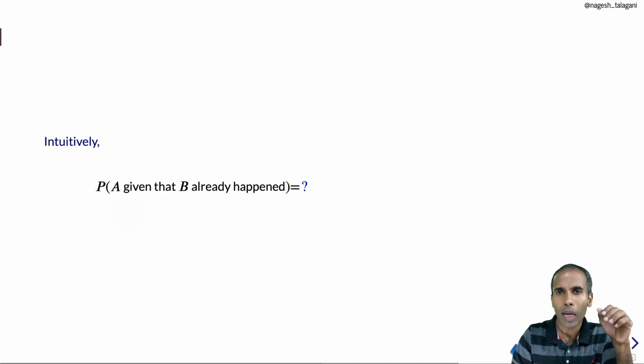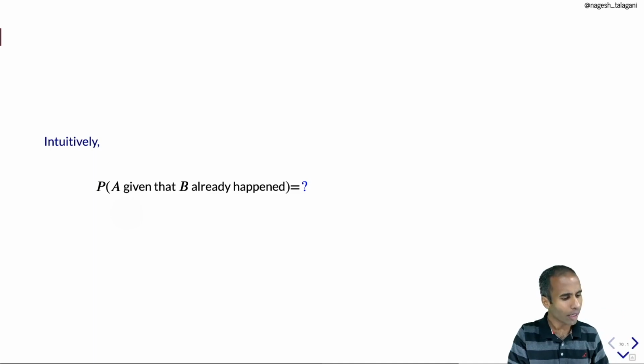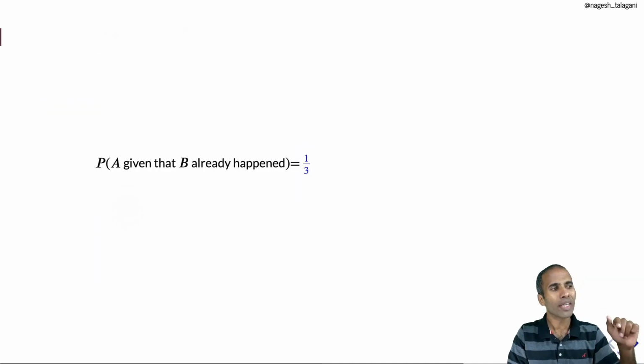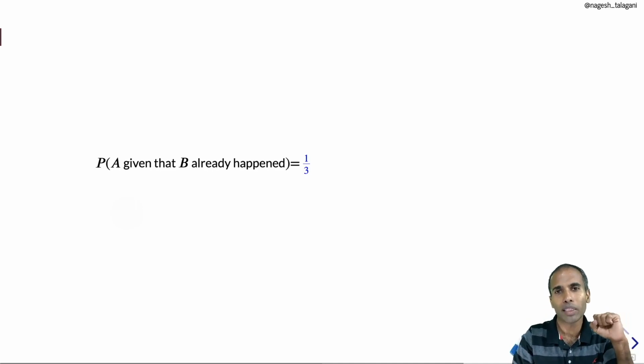That means B becomes now a new reduced sample space. And out of 2, 4, 6, only 2 is favorable for being prime. So that's why the probability of A given that B already happened should be equal to 1 by 3.